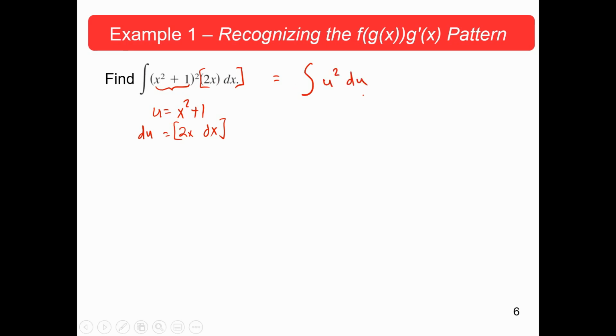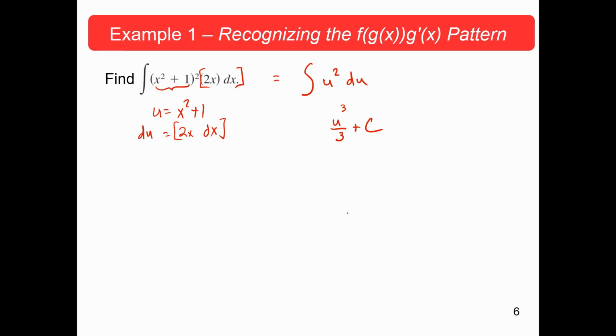Now remember, we're talking about a dummy index, our index of integration. Our variable of integration is now u. So since we're integrating with respect to u, we just say u to the third divided by 3 plus C. But our problem is originally in x, so we need our answer to be in x.